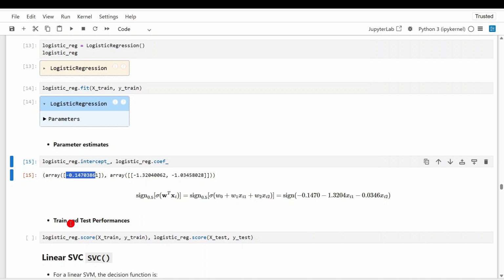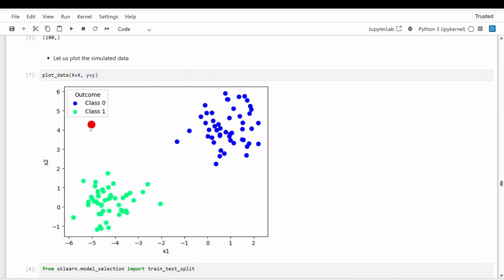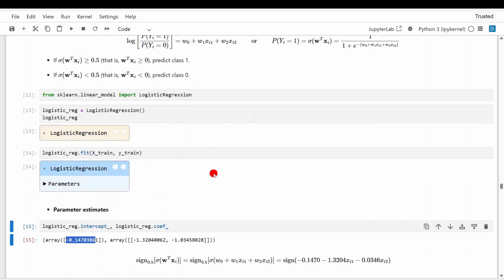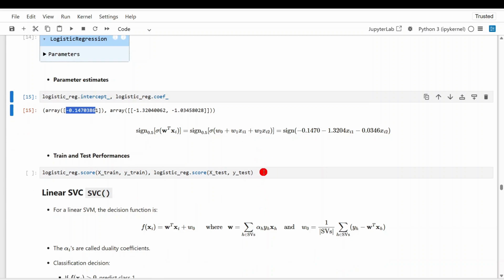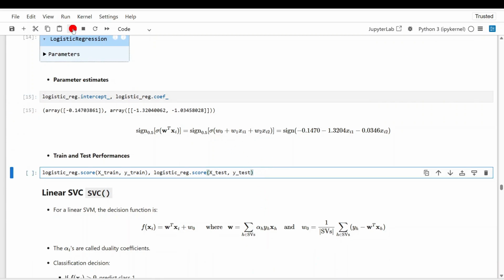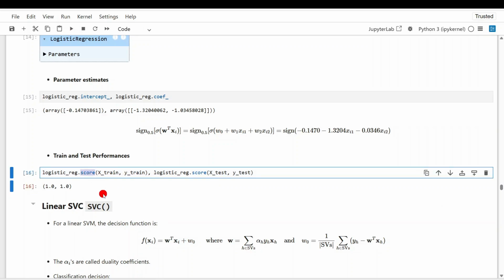So let's see the train and test performance. Here, this data is clearly linearly separable. Therefore, our logistic regression model, or the logit model, should perform well. By calling the method score over the trained model and supplying the training data, we can obtain the train performance.